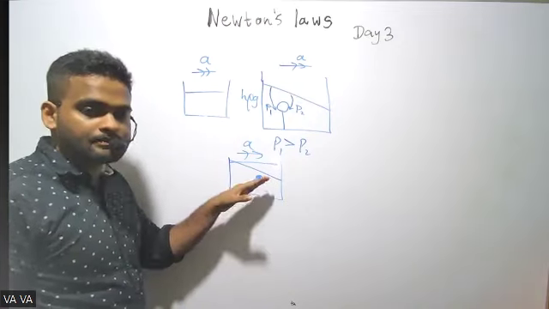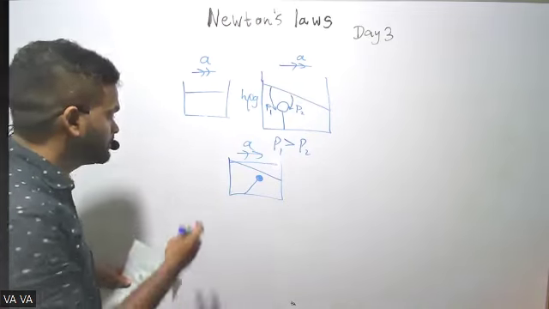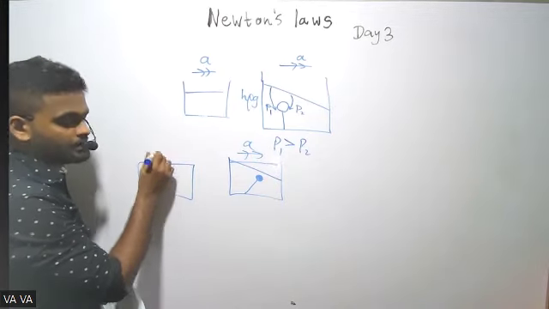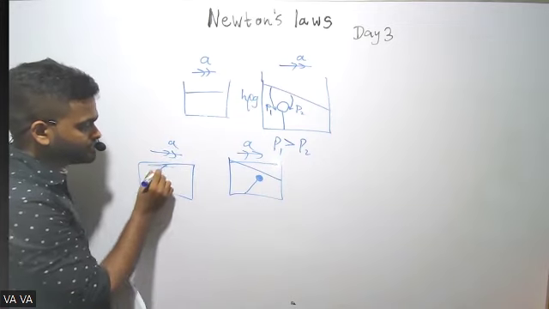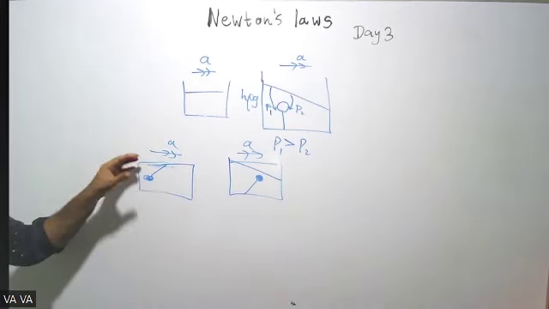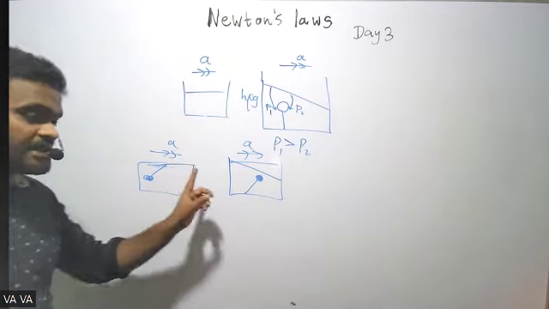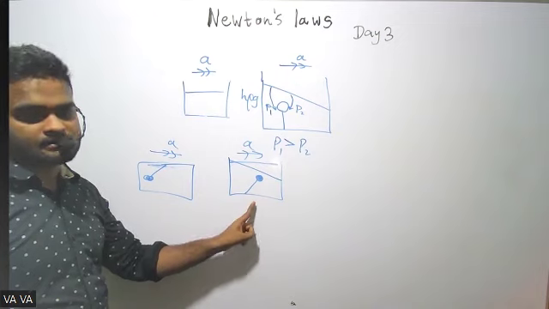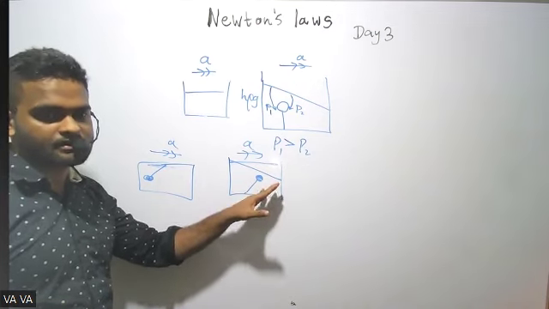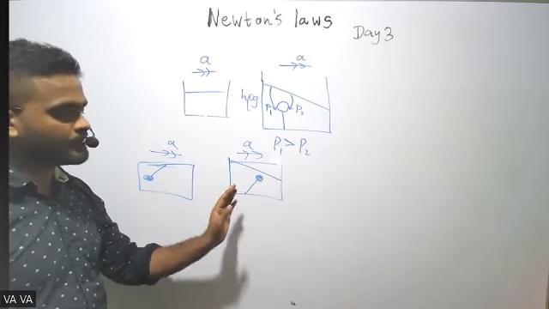Other thing is, if you have a pendulum hanging on a trolley and the acceleration is to this side, by intuition you know that it tends to the opposite side, right? If acceleration is to this side, it goes to the opposite side. But it is different in this case. It is exactly the same direction as acceleration. So you are supposed to know these differences, right?